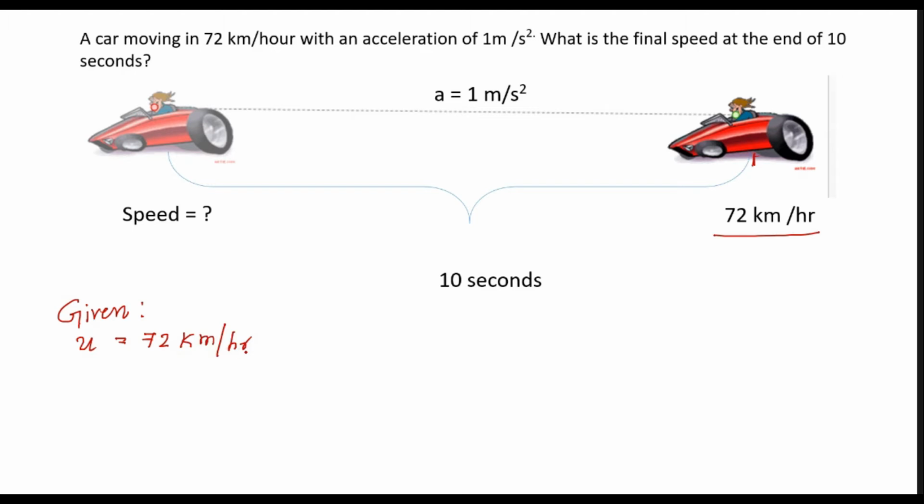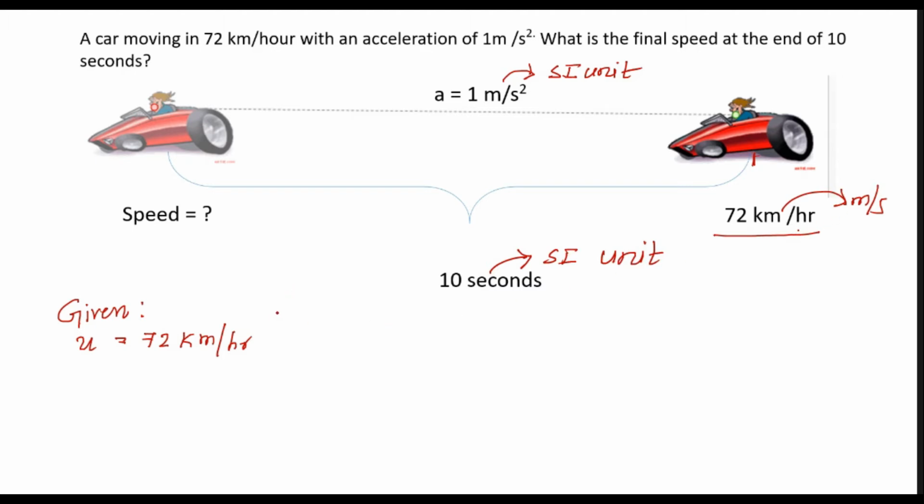Look at the unit here, kilometer per hour, right? And please remember, velocity has an SI unit of meter per second. So we need to convert it into meter per second because the acceleration is given in SI unit, and the time is also given in standard unit. But this is not the SI unit. That means we have to convert this into meter per second.